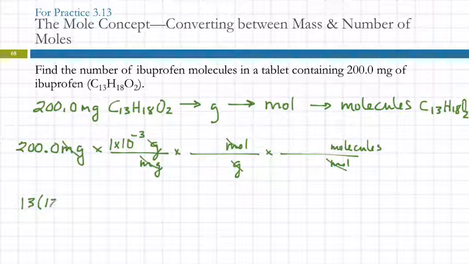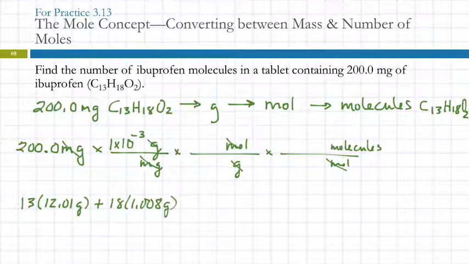So 13 times the molar mass of carbon plus 18 times the molar mass of hydrogen, and 2 times the molar mass of oxygen. So 13 times 12.01 plus 18 times 1.008 plus 2 times 16.